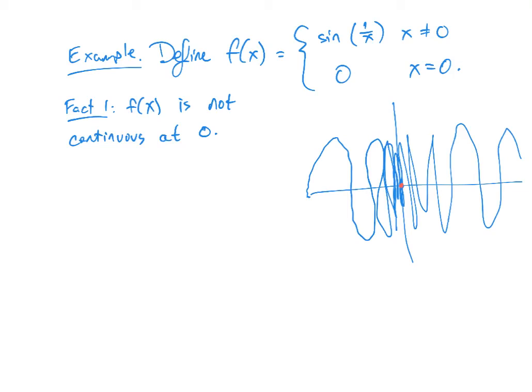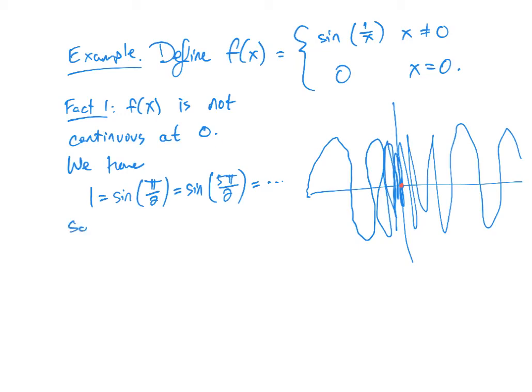We can look at the sequence. Well, okay, this is just a thing about sine. Sine of pi over 2 is 1. And then we add 2 pi. Sine of 5 pi over 2 is 1. And this goes on forever.